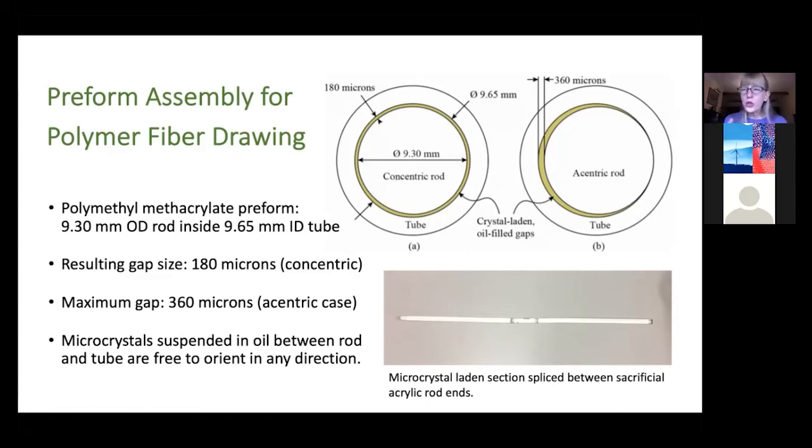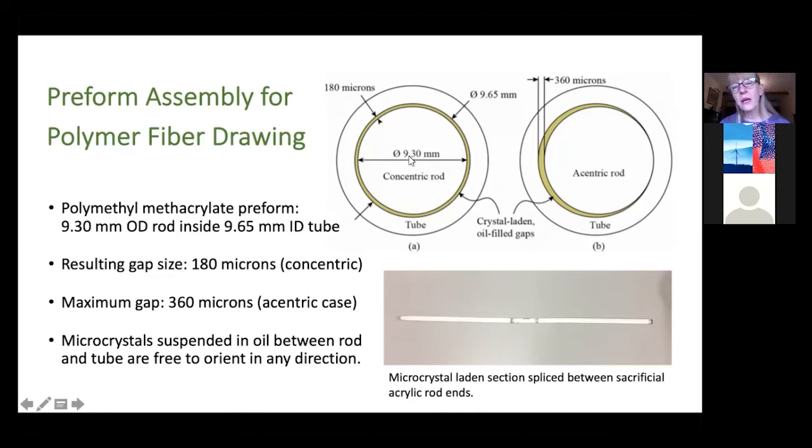So I'll show you the drawing process in the next slide. But to begin with, we want to look at the assembly of the preform from which the fiber is drawn. So we begin with a rod, in this case, just standard acrylic.